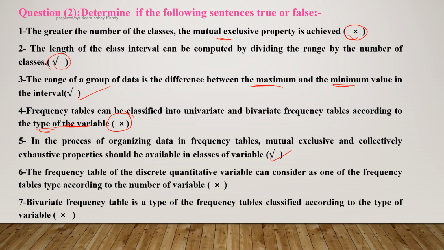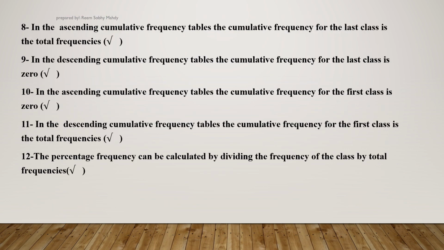The frequency table of discrete quantitative variable can be considered as one of the frequency tables according to the number of the variable. This is false, as a discrete quantitative variable is the type of the frequency table according to the type of the variable, not the number of the variable. Bivariate frequency table is a type of frequency tables classified according to the type of the variable. This is false, but the right answer is that the bivariate frequency table is the type of frequency tables classified according to the number of the variables of interest.